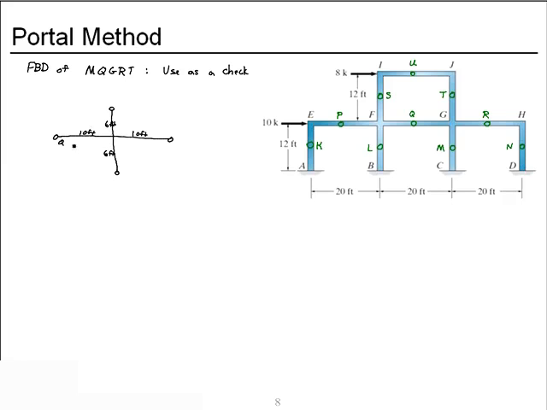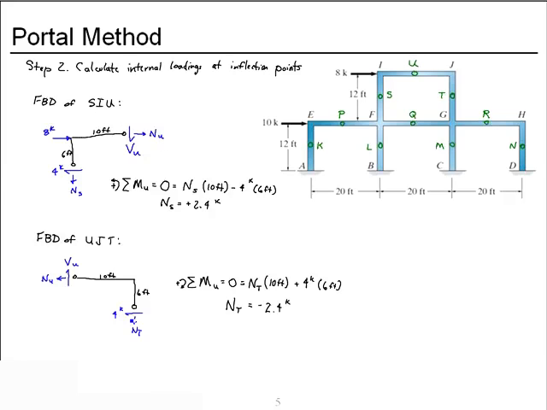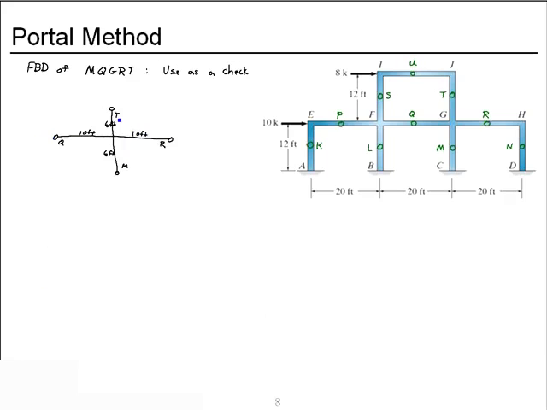This is point Q, point M, point R, and point T. If we take a look back at our previous calculations, we see that the shear at T is a positive 4 kips, and the normal at T we calculated to be negative 2.4. So we add those to our free body diagram.